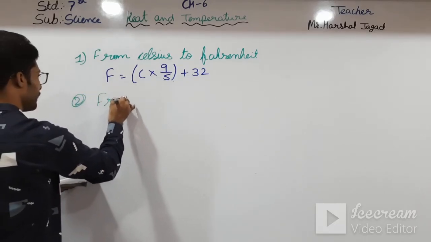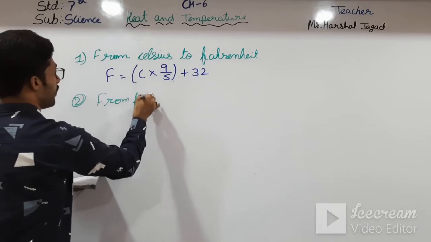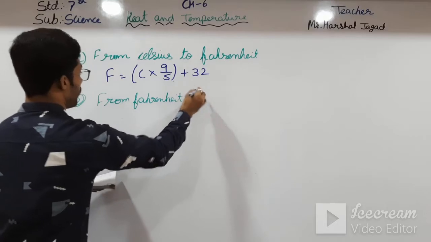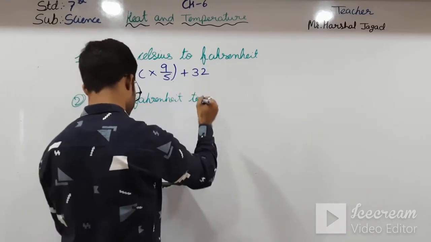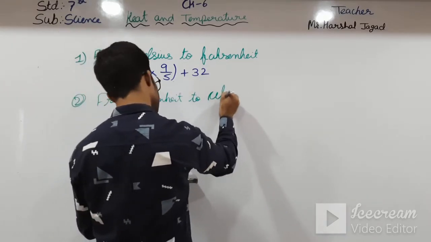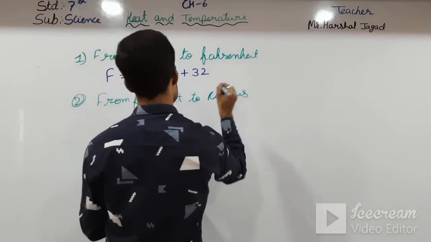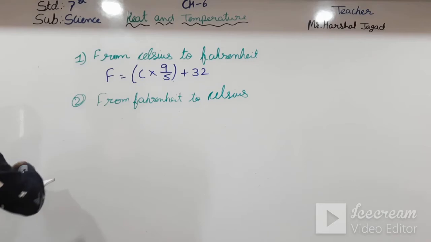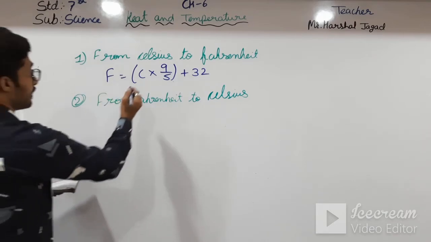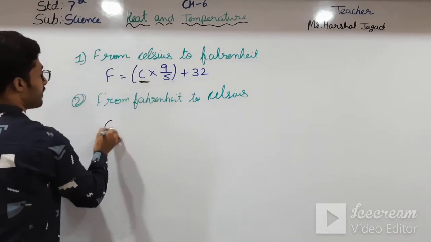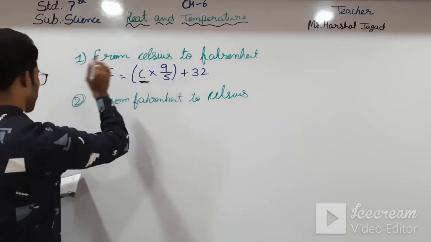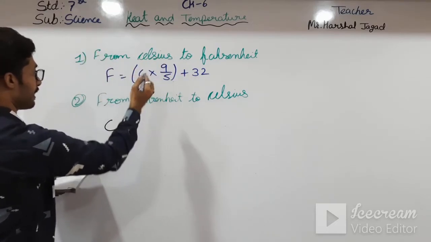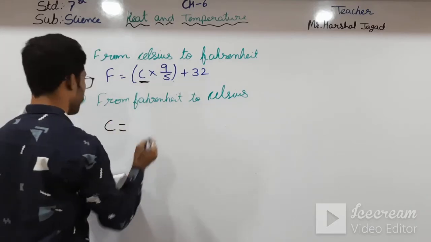And the second one, from Fahrenheit to Celsius. Then what we have to do? We have to make C the subject of the formula. So first the 32 goes across, so it becomes F minus 32, and then it is multiplied by 5 by 9.